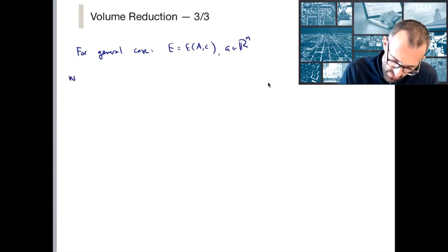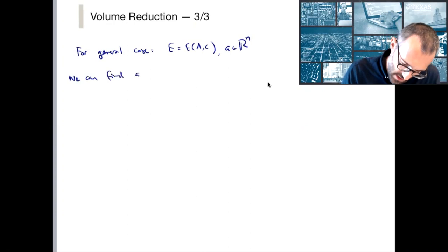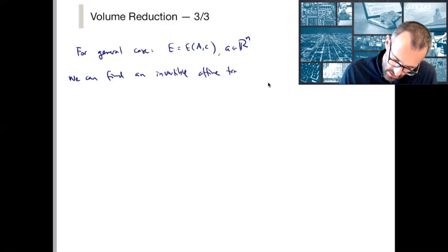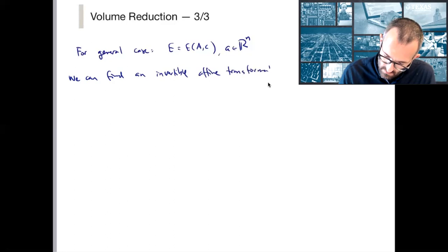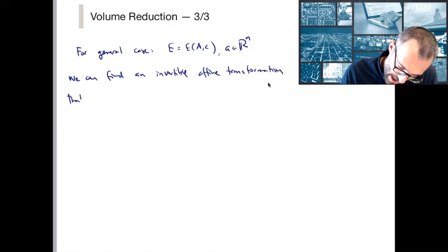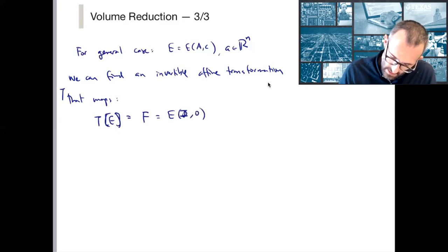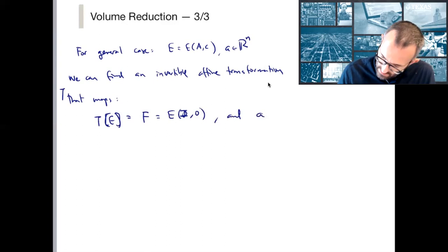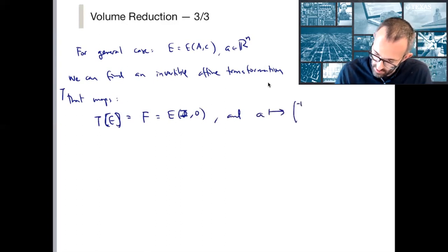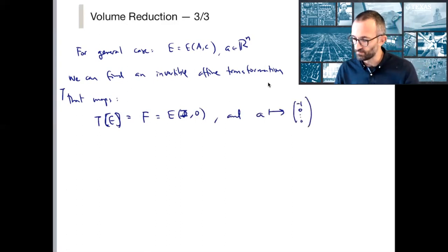And so we can find an invertible affine transformation, I'll call this T, that maps T of E is equal to F, in other words, E of identity around 0, and maps A to that same vector that we used before.